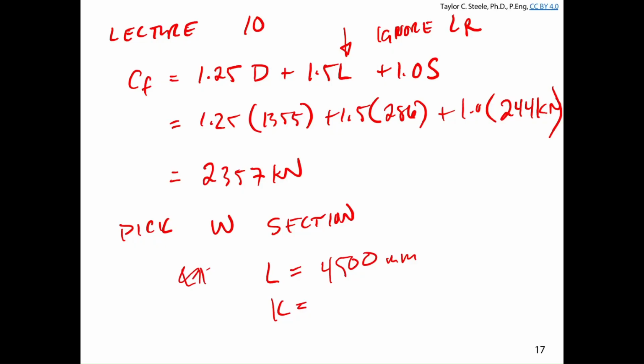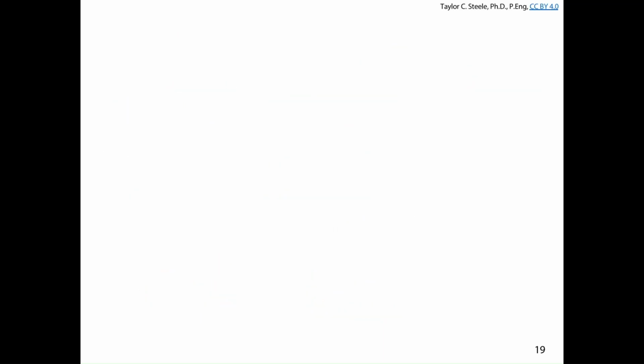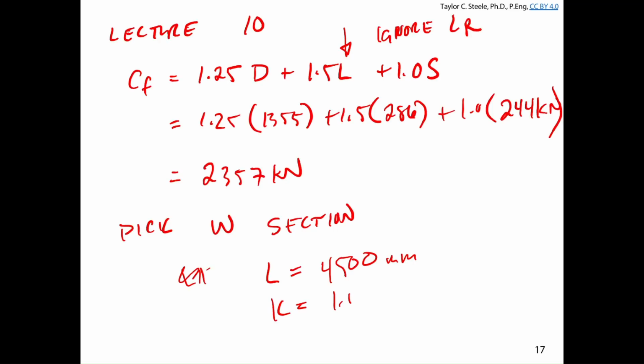Probably 1, right? I showed you in lecture 25 on Monday. Basically we're looking at the bottom column here. It is somewhat connected to a footing, but we've got simple framing at the top. Maybe we could use 0.96 as K, but I'm not going to deal with the nomograph stuff. And so I'm just going to use K as 1. And so that tells me the effective length I'm looking for is 4,500 millimeters.